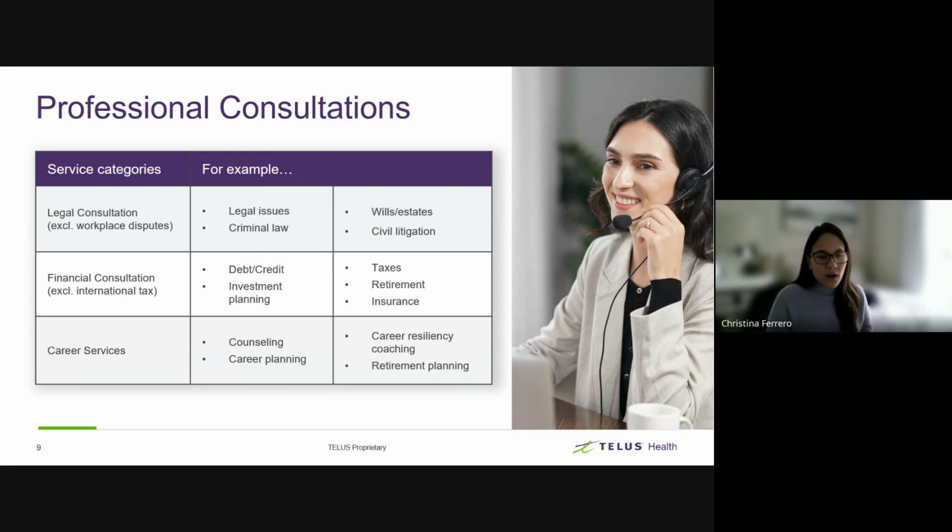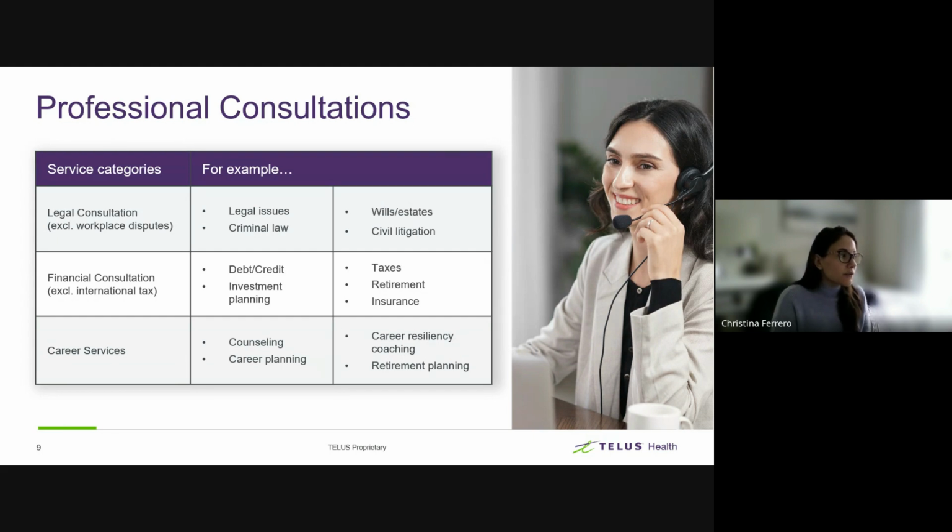Again, that might require a financial retainer, but they will give you resources if you would like to continue that conversation. And for legal, it can cover any topic overall: wills, estates, legal litigation, anything regarding a legal topic. They can absolutely speak with you about that.